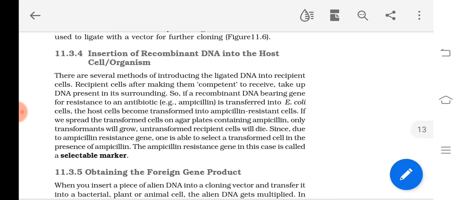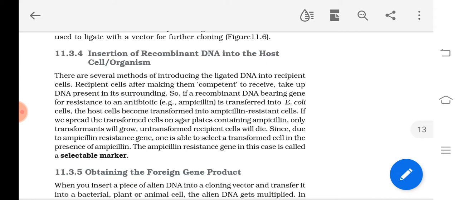It is not 100% sure that the host cell which you made competent will receive the gene of your interest. We are doing the processes, but chances are there where the cells may not be transformed.